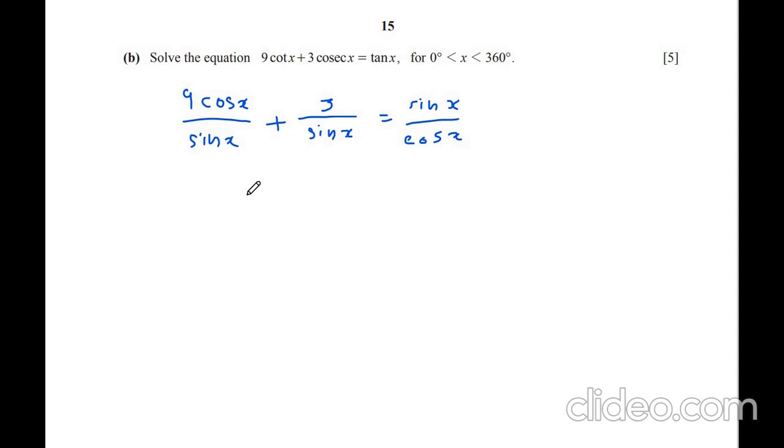And so what we can do is multiply both sides by sine x cos x.